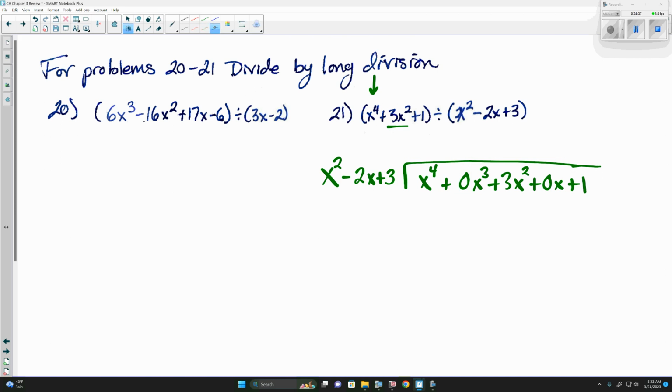Now our first main step is to see what we need to multiply x squared by to get x to the 4th to cancel. And that is just x squared. And off to the side, we can do x squared times x squared minus 2x plus 3. And if we multiply through by x squared, we get x to the 4th minus 2x cubed plus 3x squared. And we can put it underneath.